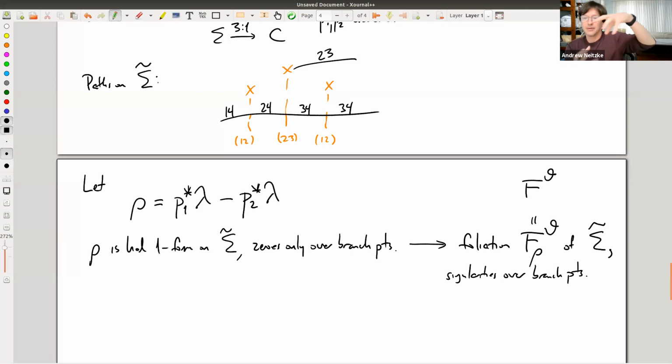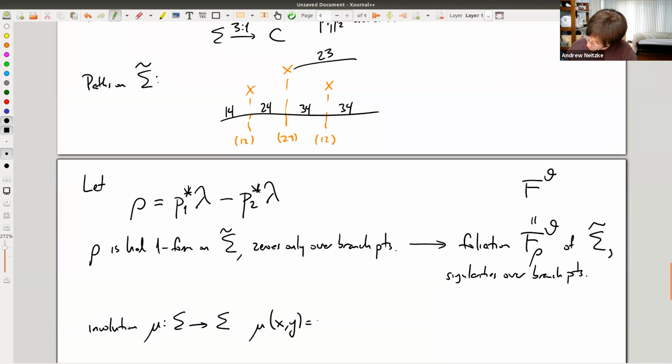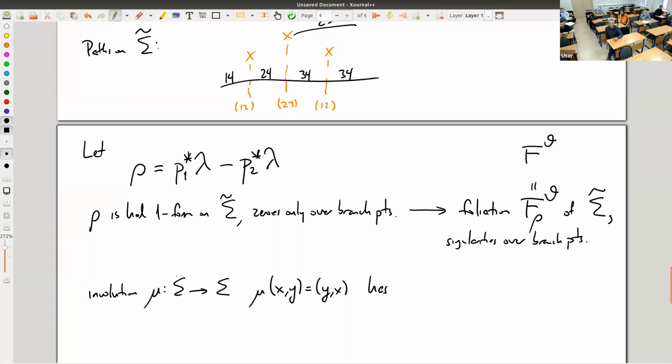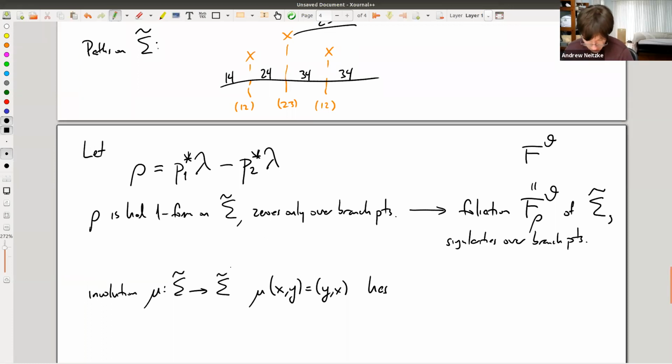Okay, so now I'm going to start drawing pictures of this foliation. And there's one fact that's important for our life, which is that we have an involution of sigma tilde given by mu of (x, y) is (y, x), just reversing the two factors. Sigma tilde, thank you.